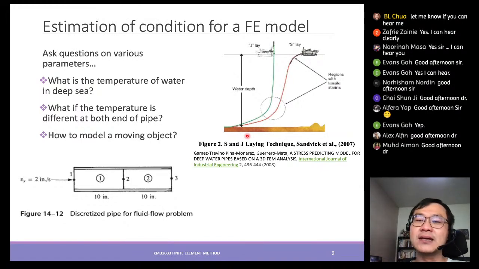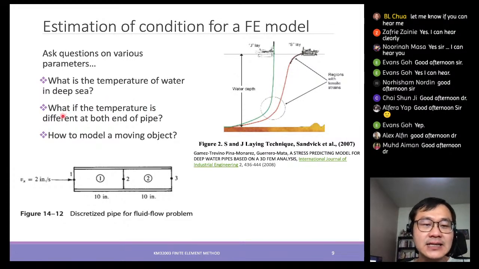The fluid flow may change according to the temperature. So how would you estimate the temperature of the water in the deep sea? Let's say here. Do you need to dive in to check what the temperature is? If you know the value of the temperature, you can try it in the chat box, while I explain the other things before I reveal the answer.